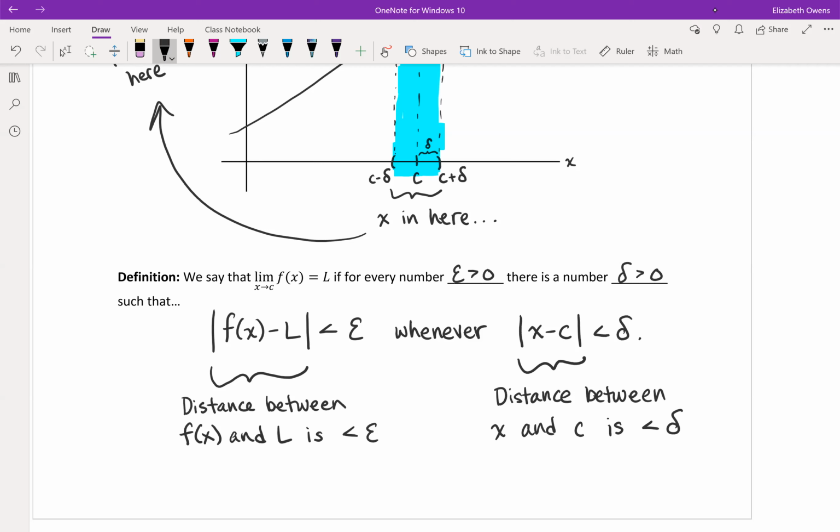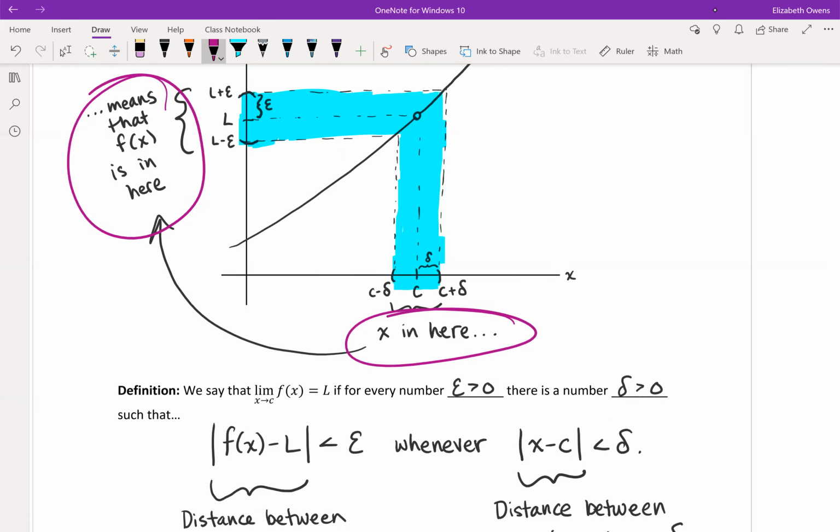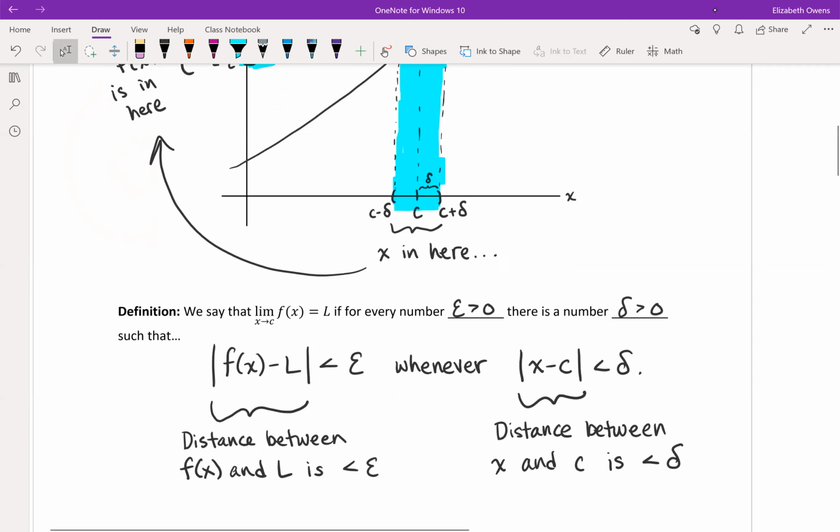So that is just saying that your x value is somewhere in here, within a distance delta from c. So x is in here means f of x is in here. All right, that's all the definition is saying.